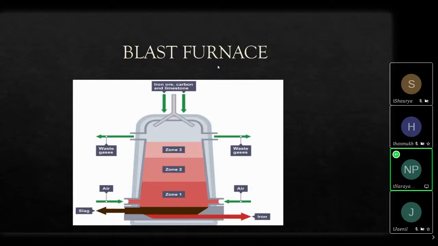The heavier sediment is iron, so it goes right at the bottom. On top of the iron is slag, which is impurities with some amount of oxides in it. And right on top, you have whatever waste gases.